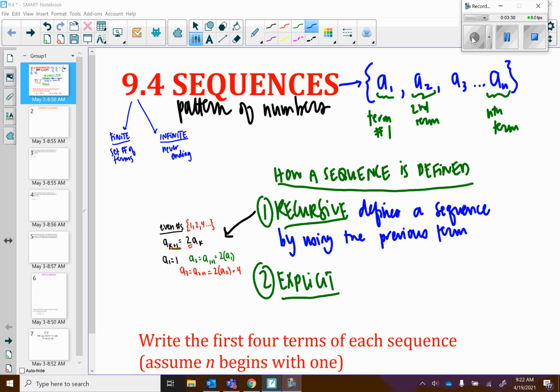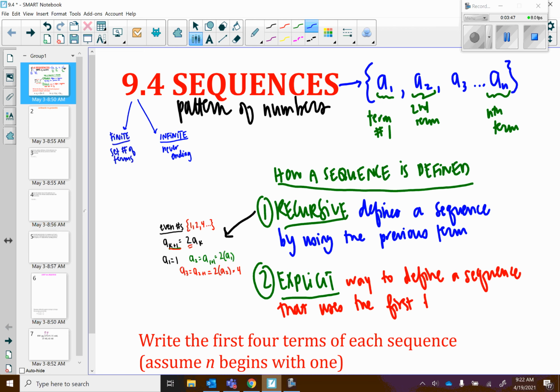An explicit definition of a sequence is a way to define a sequence that uses the first term. So that would be a sub 1 and the term number of interest, which would be n.